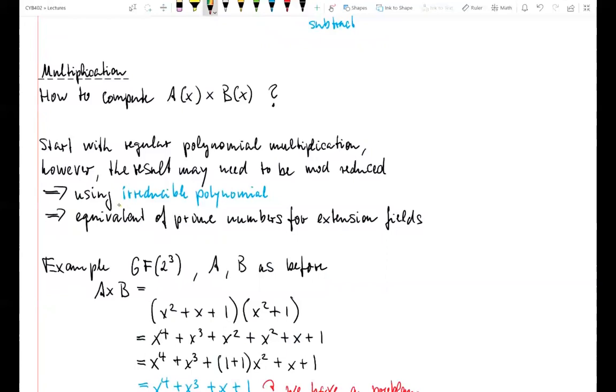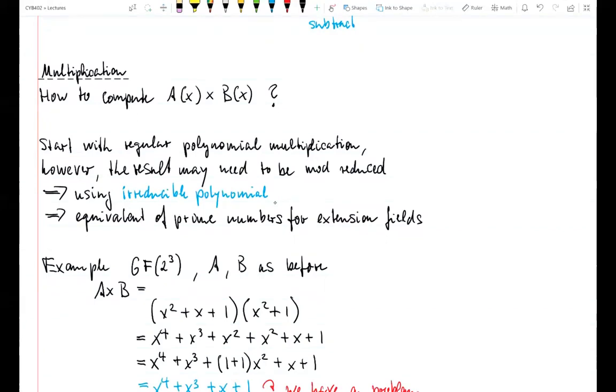In this case, it's an irreducible polynomial. You know how regular primes are defined: they cannot be factored, so the only factor in a prime is that it's divisible by 1.